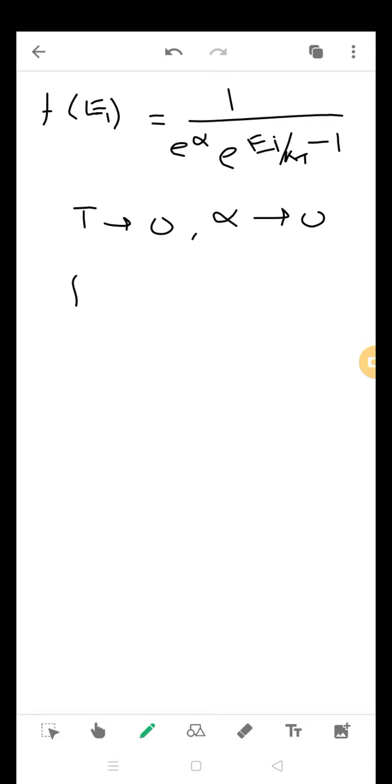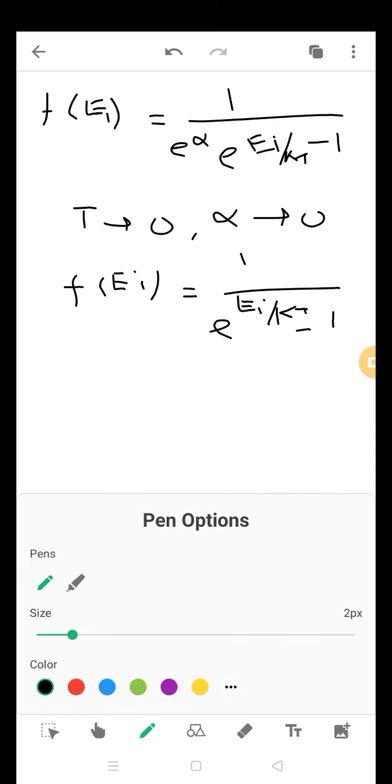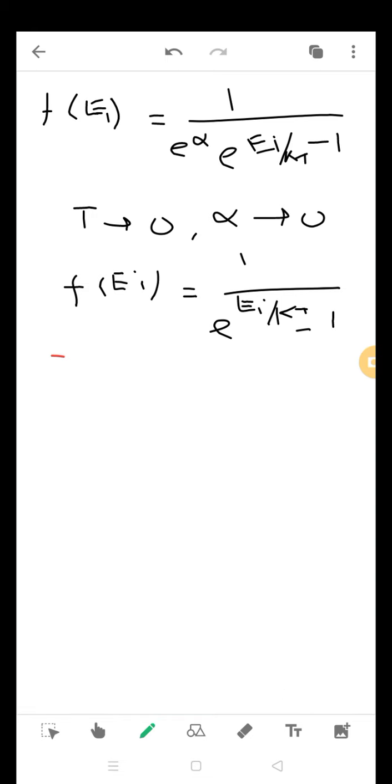Then the distribution converts into fi is equal to 1 by e to the power Ei by kT minus 1. It implies that at a very low temperature the particles occupy the lowest energy.